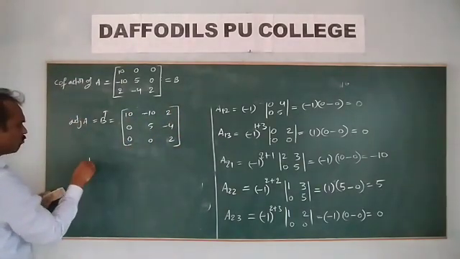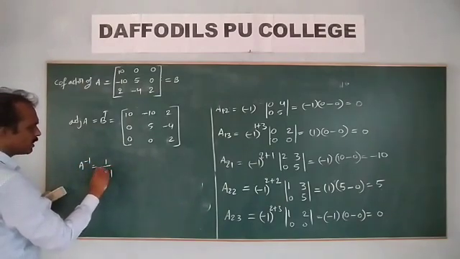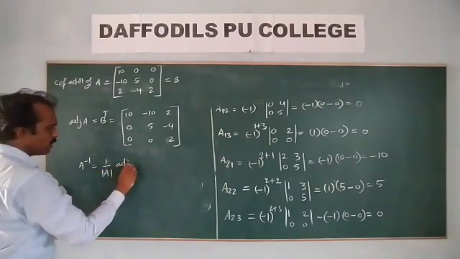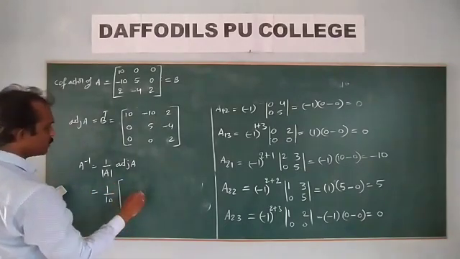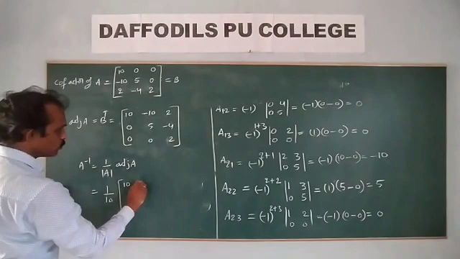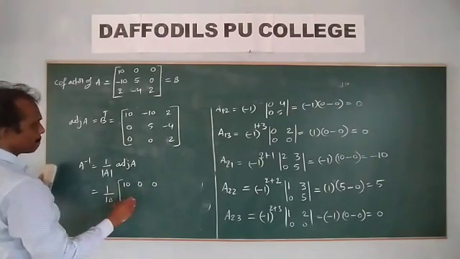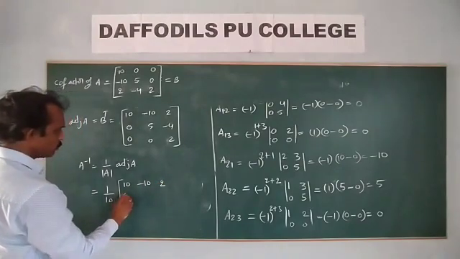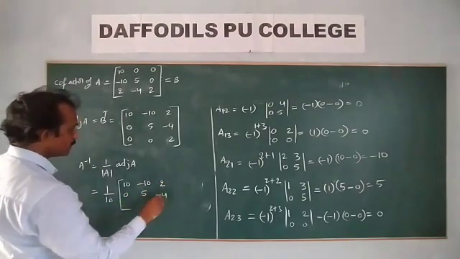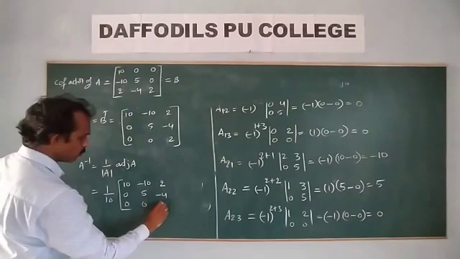Therefore, A inverse is equal to 1 by det A of adjoint A. 1 by det A means 1 by 10 times adjoint A: 10, minus 10, 2; 0, 5, minus 4; 0, 0, 2.